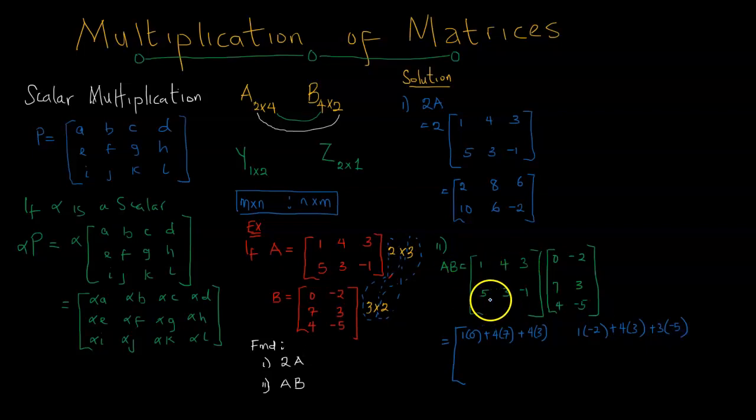Similarly, the elements in the second row would multiply corresponding elements in the first column. When we are done with that, the same elements in the second row of the first matrix would multiply corresponding elements in the second column. So we would have 5 times 0 plus 3 times 7 plus negative 1 times 4.